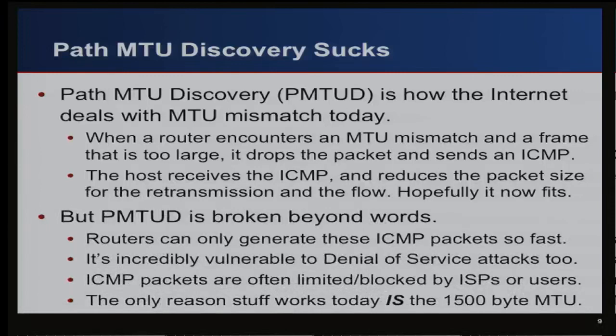So first off, if you look at the architecture of routers and how they generate ICMP, that's not a hardware performed function. That's what's called a slow path. You have to drop the packet, punt it to a CPU to generate an ICMP message, which can only happen at a certain limited rate.